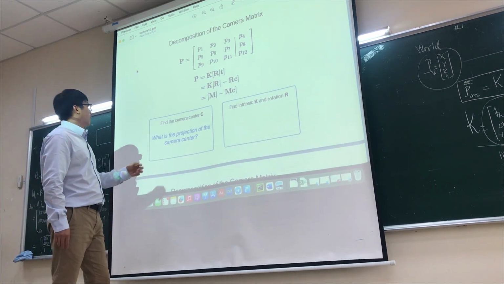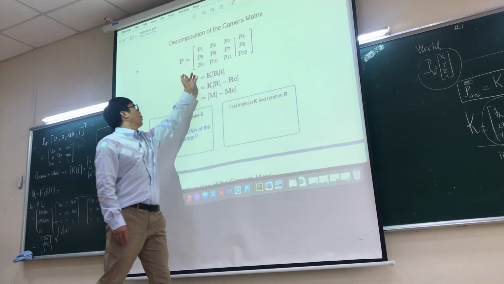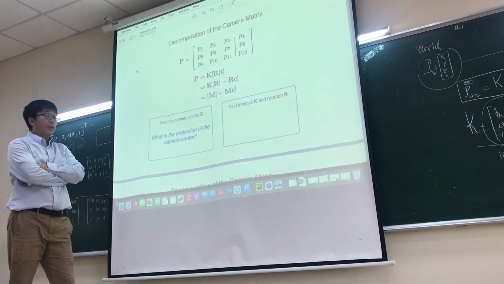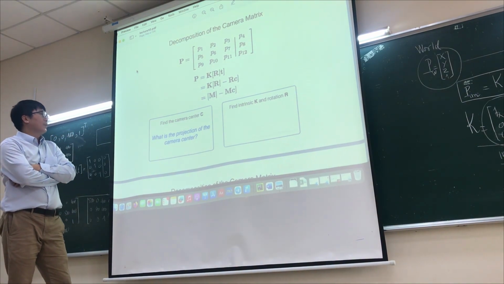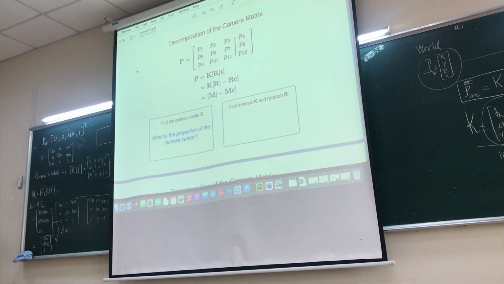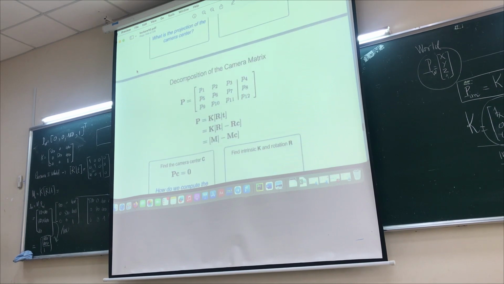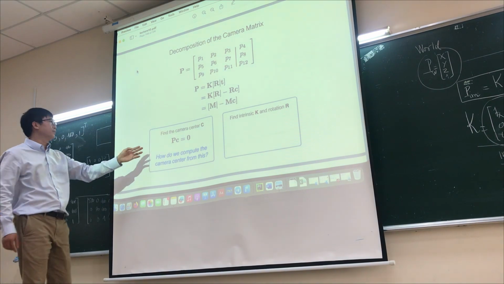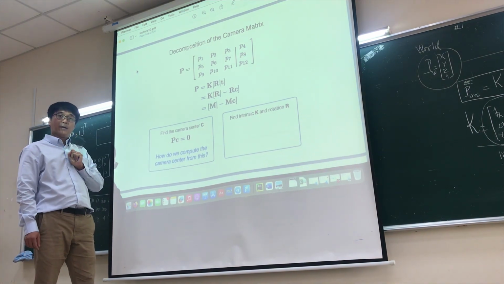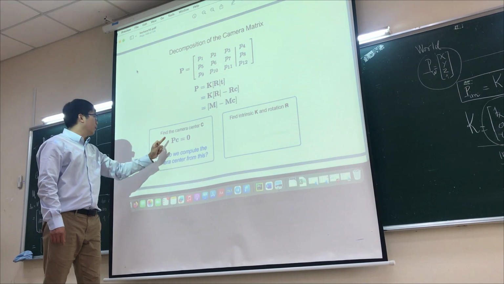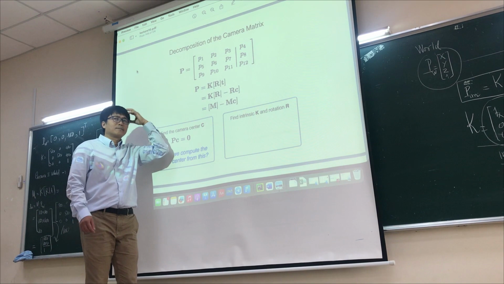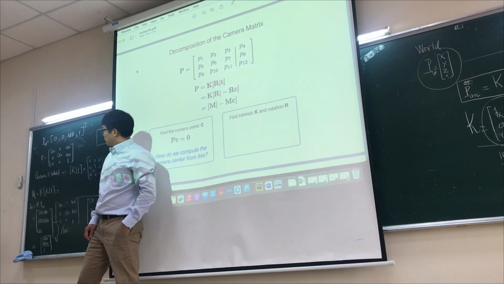How to find the center of the camera, you can see. From here you have 12 values, which you arrange into a 3 by 4 matrix. And you can see how to find the center and also K. The camera center also satisfies the equation: P multiplied by the camera center equals 0.